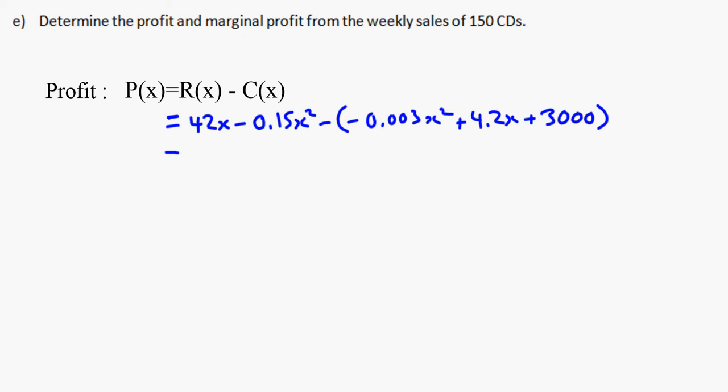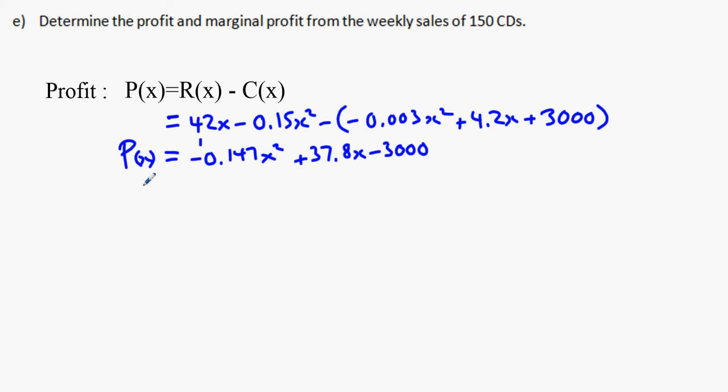I'm going to simplify it by adding like terms. When I simplify, I'm going to have negative 0.147x squared plus 37.8x minus 3,000. So this right here is my P of x function.